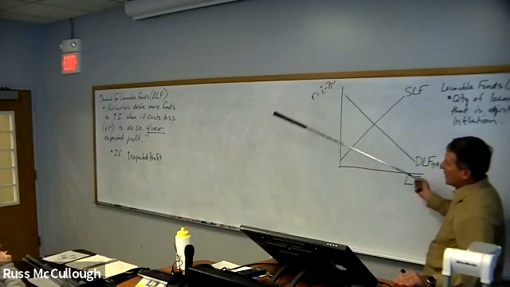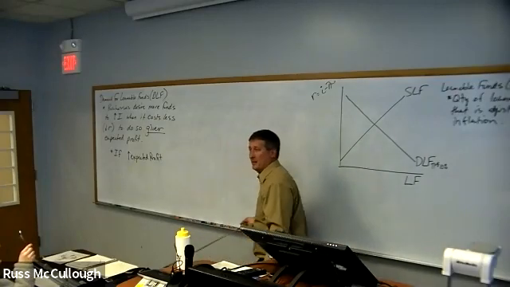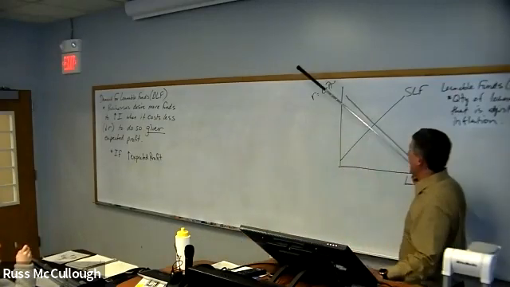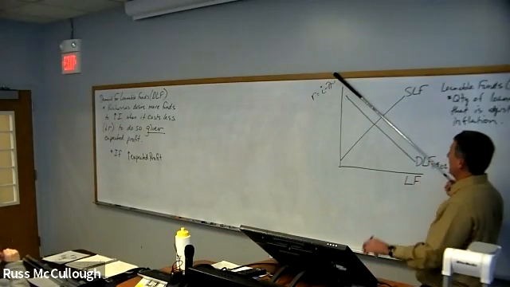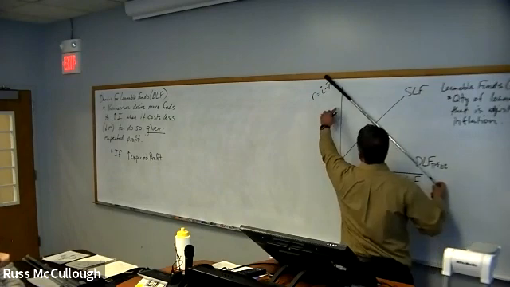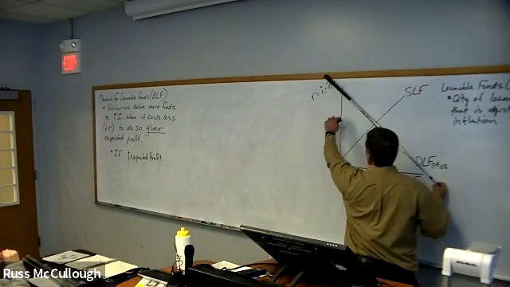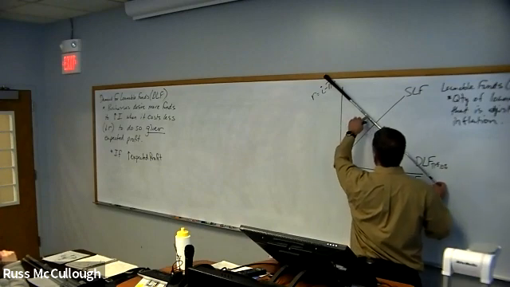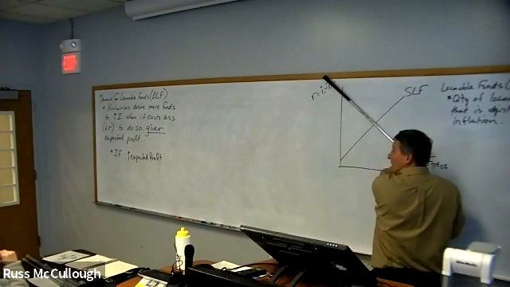So now, if I expect profits to be 15%, what happens to that? Taylor? The line shifts. At 10%, I used to want to borrow this amount, now I want to borrow this amount. At 7%, I used to want to borrow this, now I want to borrow this. At 3%, I used to want to borrow this, but now I want to borrow this.